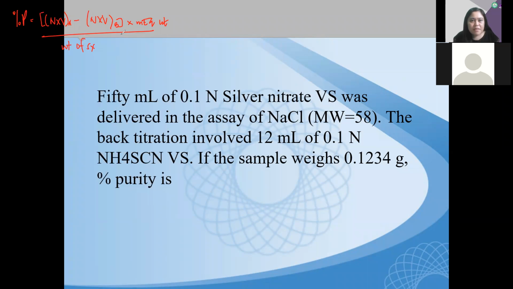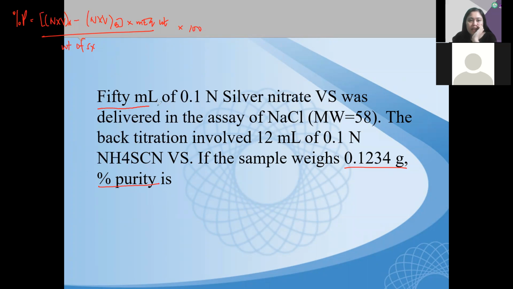This should be in grams, times 100. Now, looking at the problem, baliktad kasi yung problem, yung sample nandito sa baba. This is the weight of the sample.